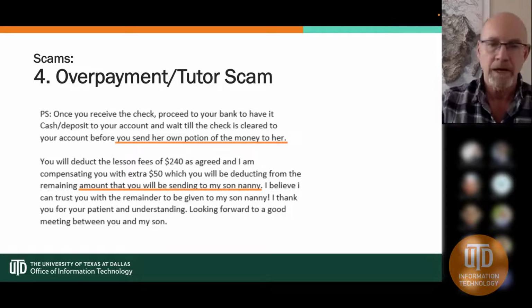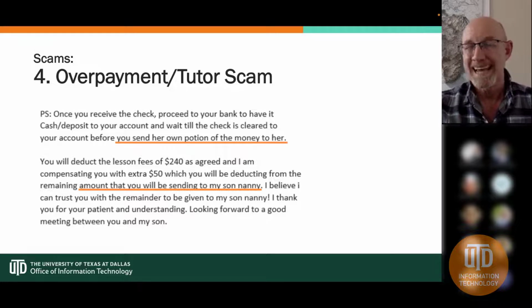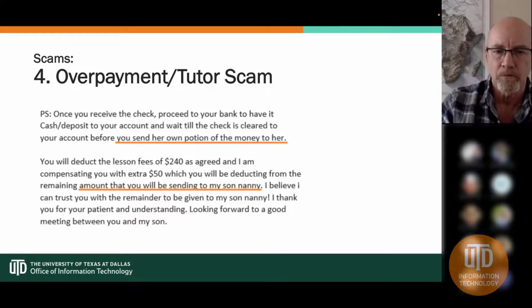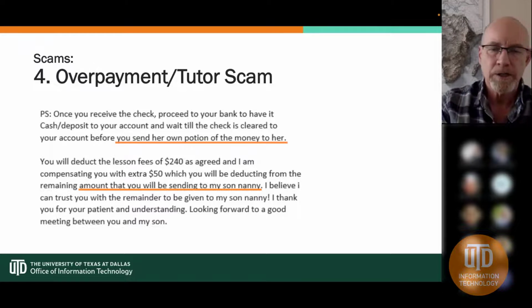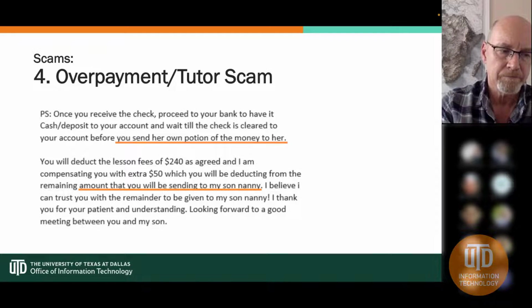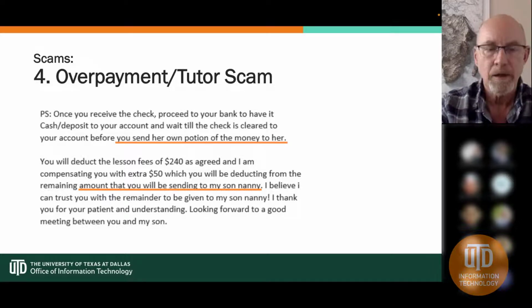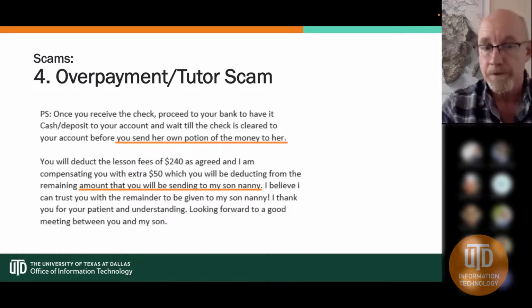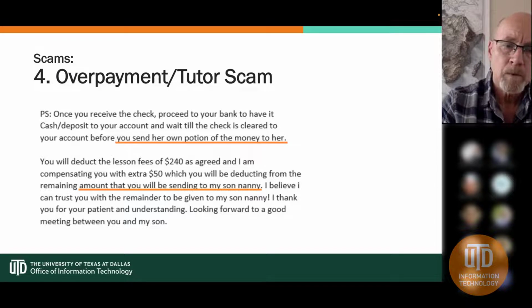So the excess, the other 700, you send to my son's nanny. You would have to read the text here to figure out what's going on. But essentially, you assume that you've got money in the bank. Ultimately, what happens is that the check bounces and all that money comes out of your account, all $1,500.